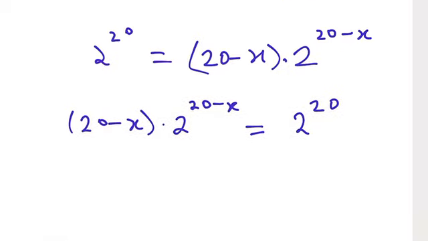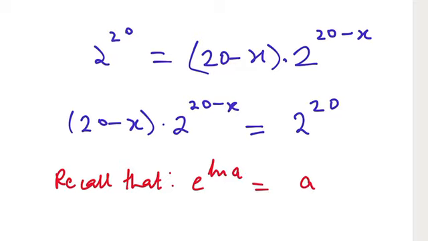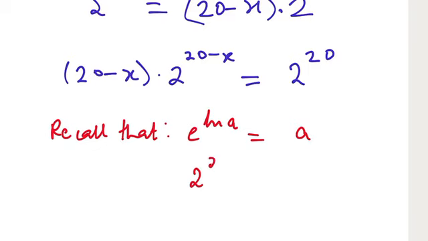So now from here, I would like you to recall that when you have e to the power of ln a, this is going to be a, because e and ln are inverse to each other. So therefore I want to write 2 to the power of 20 minus x like that. So it's going to be e to the power of ln of 2 to the power of 20 minus x.